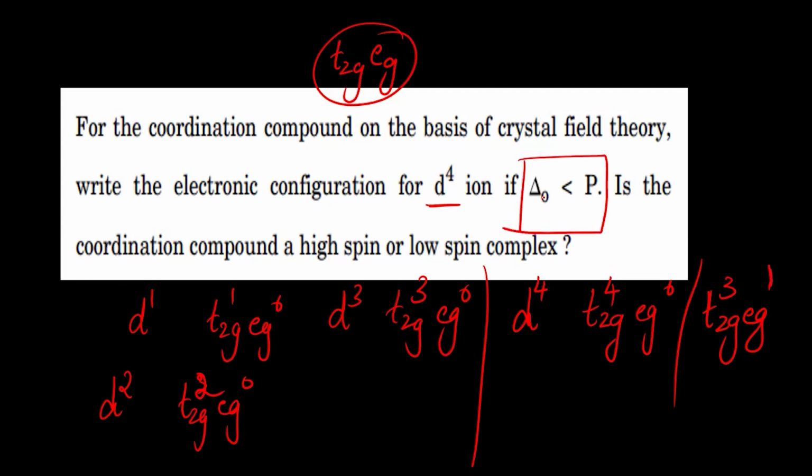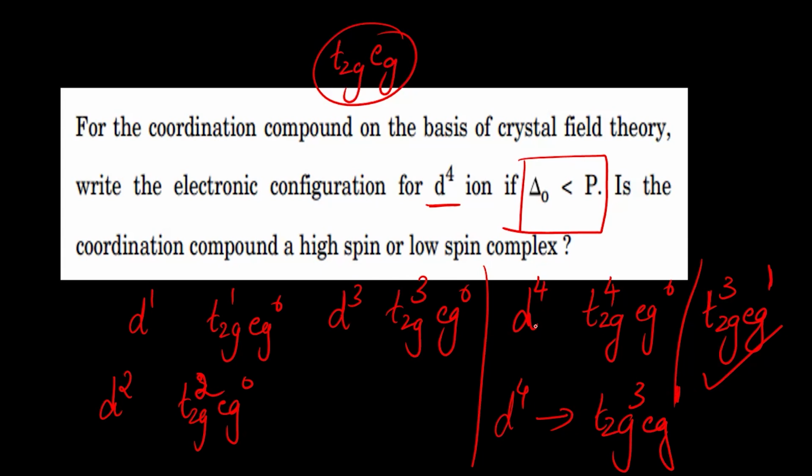Here, delta naught, the octahedral splitting, is less than the pairing energy. Less than pairing energy means the gap between t2g and eg is small. So automatically, the electron will jump to eg. So in d4, in this case, it will be t2g3, eg1. Is it clear?